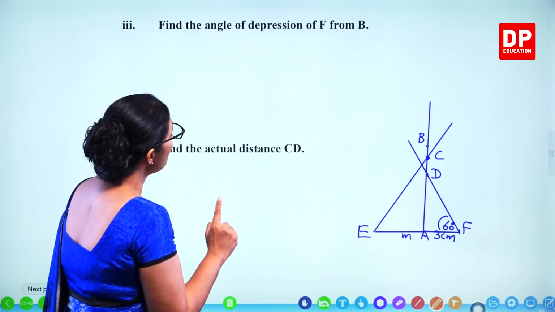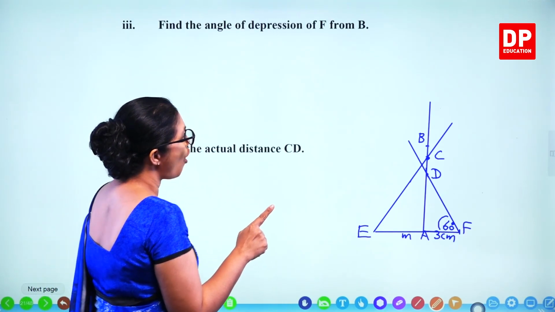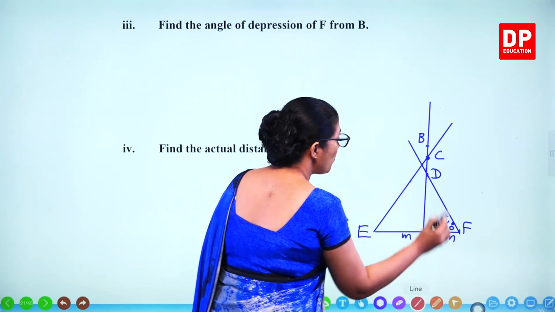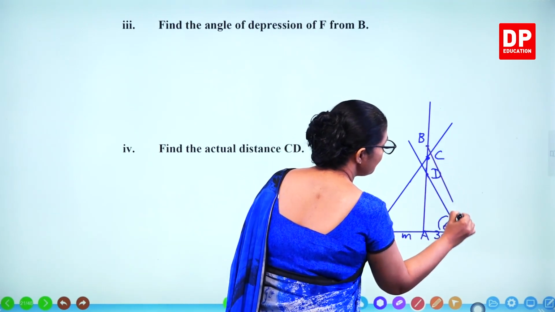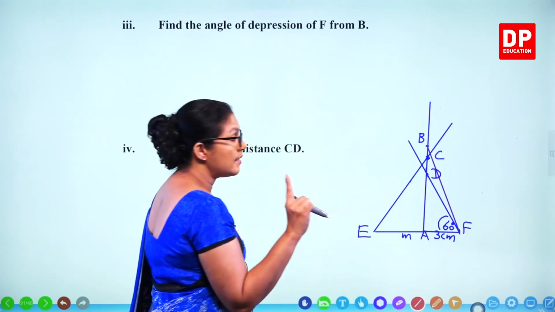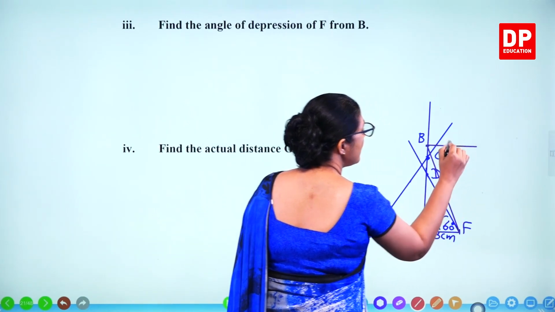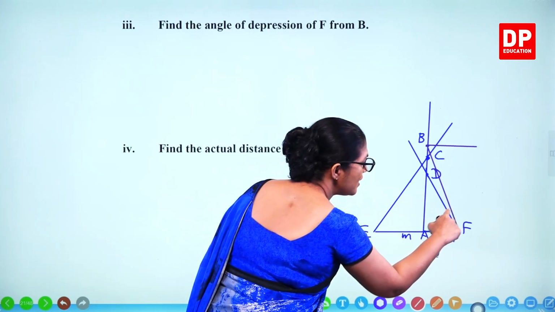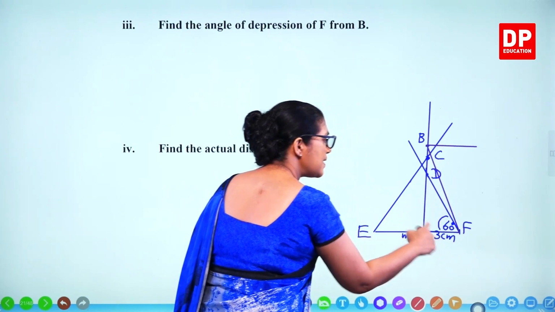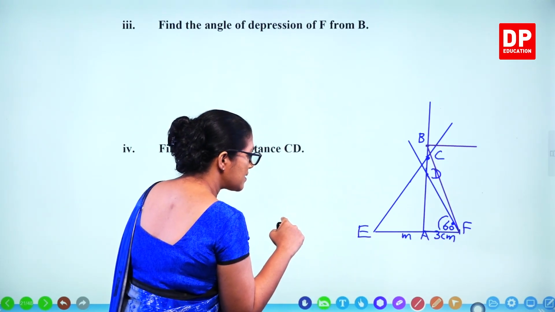Find the angle of depression of F from B. We'll join the 2 points B and F. This one. So angle of depression means from the horizontal line this angle. But we can measure this angle. This angle is same as this. Alternate angles are equal.